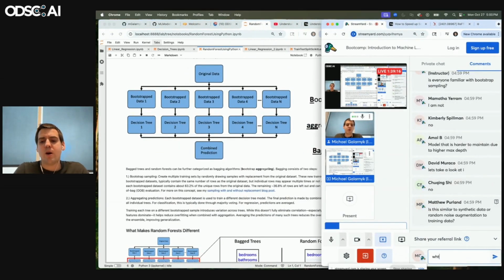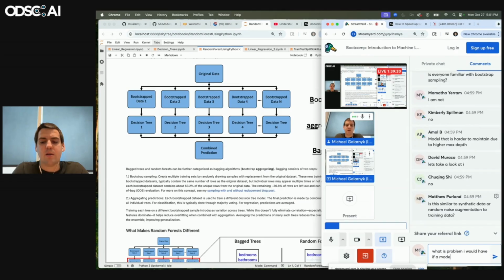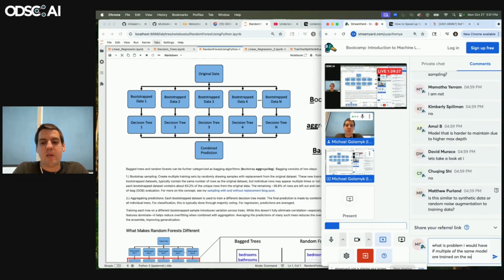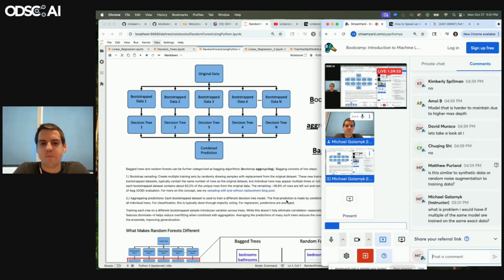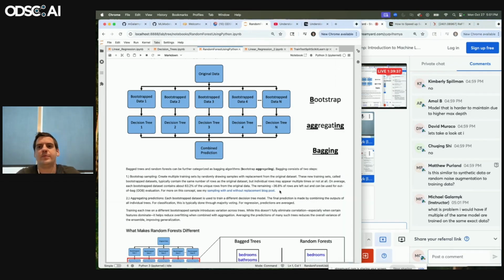What is the problem I would have if multiple models of the same model are trained on the same data? You can always take a guess, by the way.